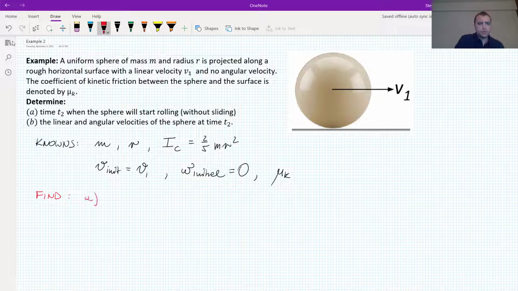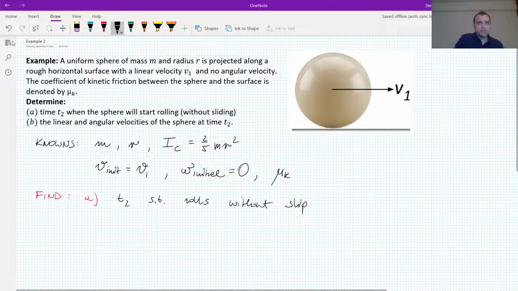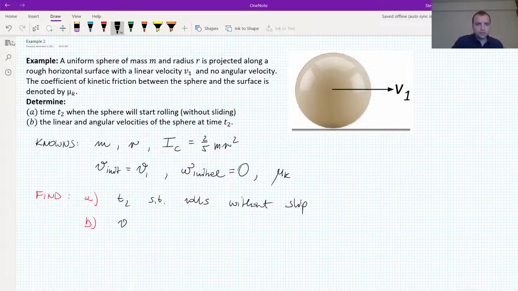In part A, they ask us to find t2 such that our sphere rolls without slip. And in part B, they ask us to find v2 and omega 2 at time instant t2.